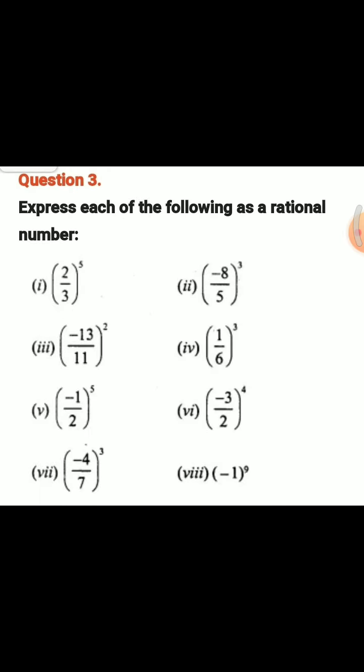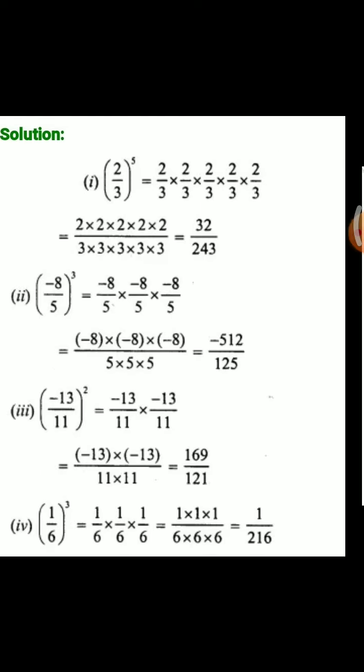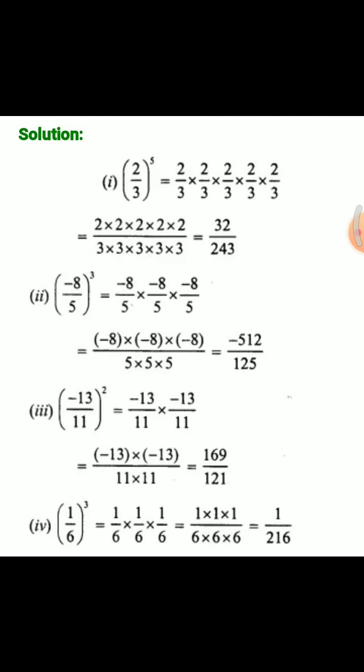Next, question number third. Express each of the following as a rational number. 2 by 3 power 5. In the next slide I will show you the answer. Okay. So my 2 by 3 power 5. So you write 2 by 3, 5 times. After that you find the product of 5 times 2 and 5 times 3. Okay.